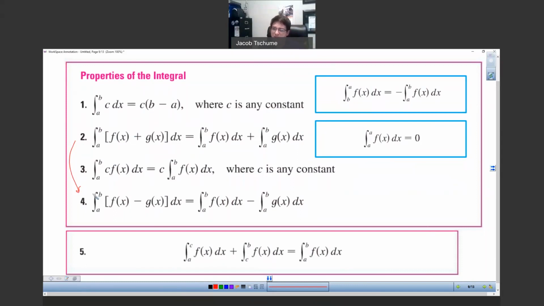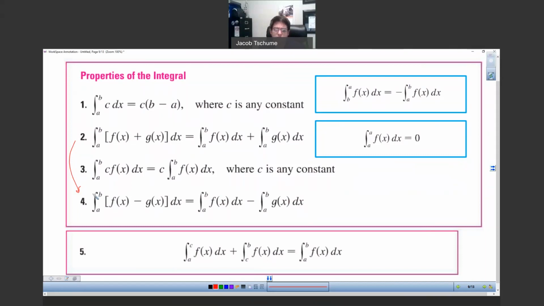It's not that common, but it is a property that we can use. And then just like in derivatives, number 3: if you have a constant that's multiplied by a function inside the integral, then you can factor that constant out front, integrate the function, and multiply your final answer by the constant.